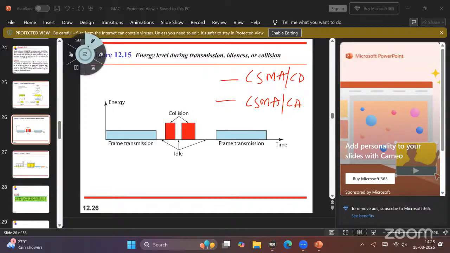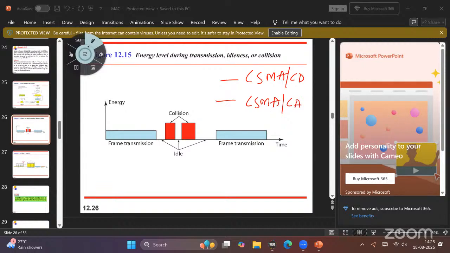In this, collision detection means when the data is transmitted, if a collision happens, it is like traveling somewhere and the traffic jams because of an accident.